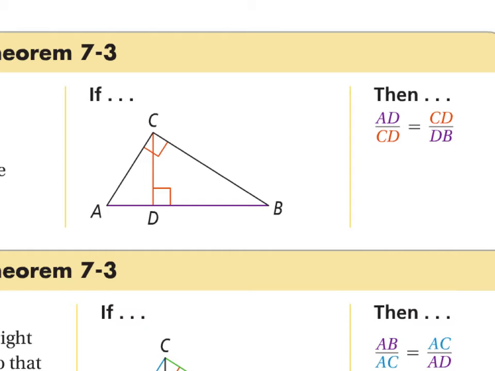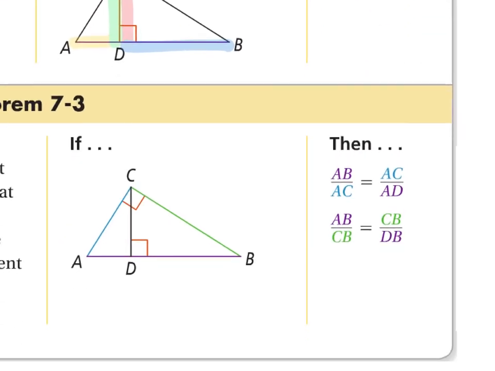It looks like AD, which is the short side on the little one, is proportionate to CD, which is the short side on the medium sized one. That makes sense because those triangles are similar. And then CD on the little one is proportionate to the height, or the medium size side, on the medium size triangle. So those are proportionate.